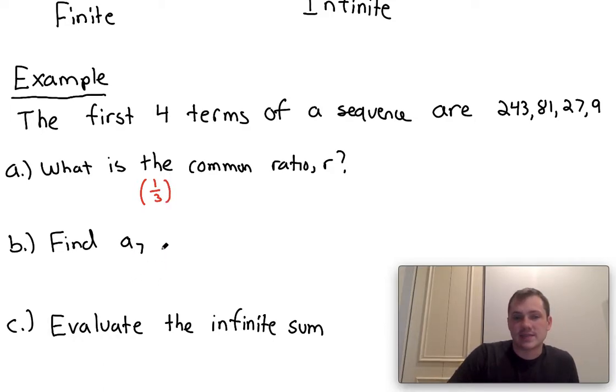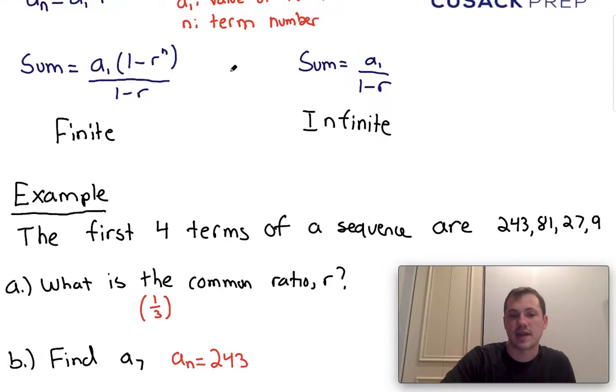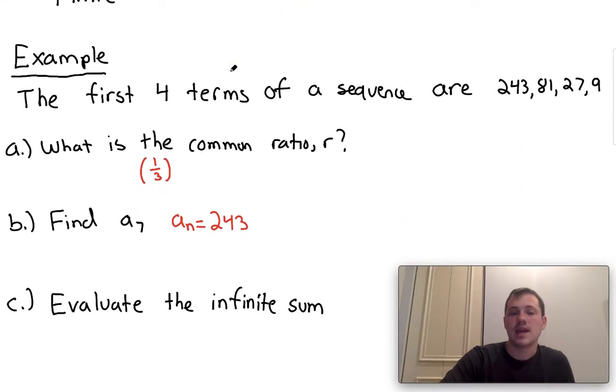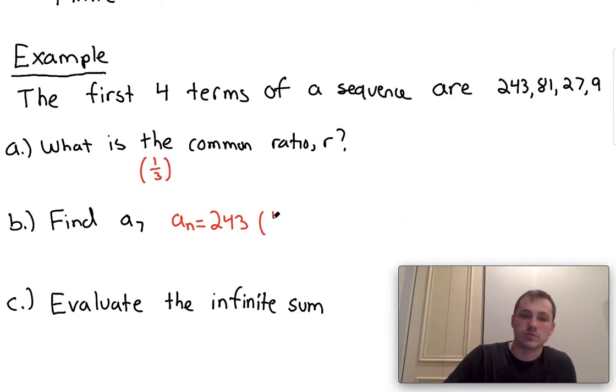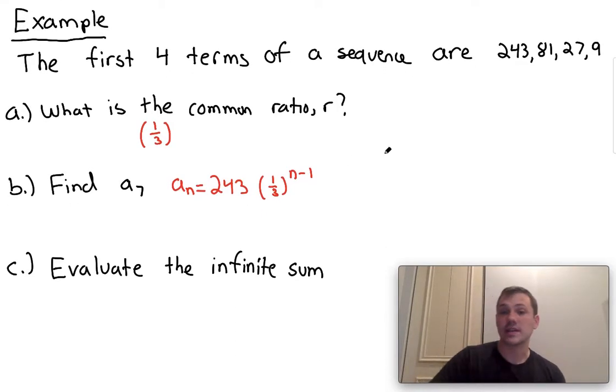Now, if we want to find a sub 7, this is asking us to find the seventh term of our sequence. So we start by writing a sub n is equal to 243. We're just basically plugging into the first equation here, where a sub 1 is the value of the first term. And then that's going to be times r, which is 1/3, raised to the n minus 1. Now, a sub 7 means that we want to go ahead and plug in 7 for n.